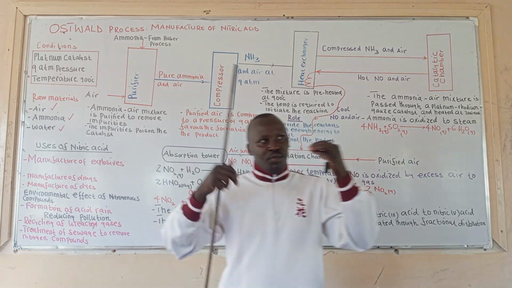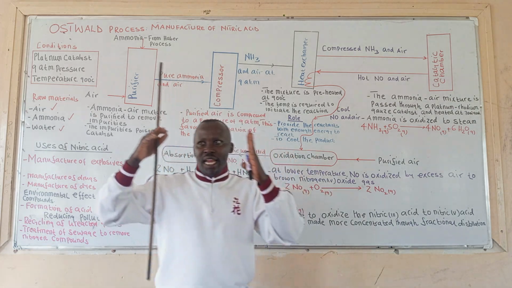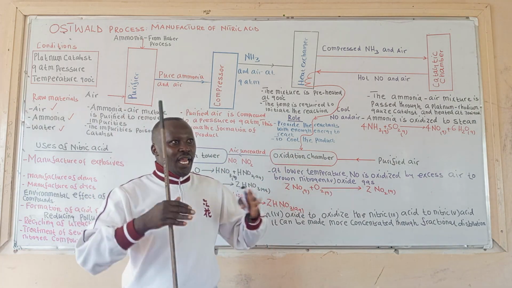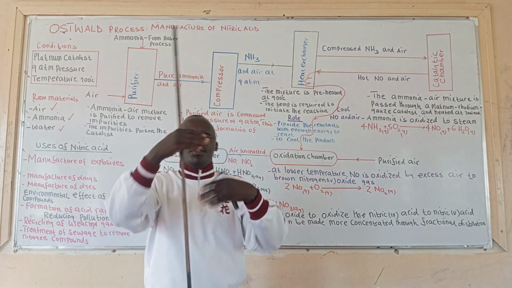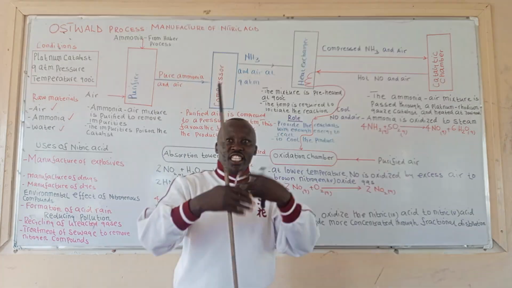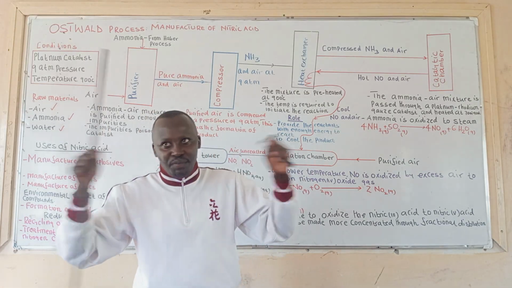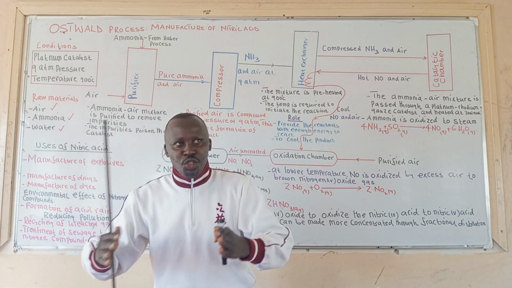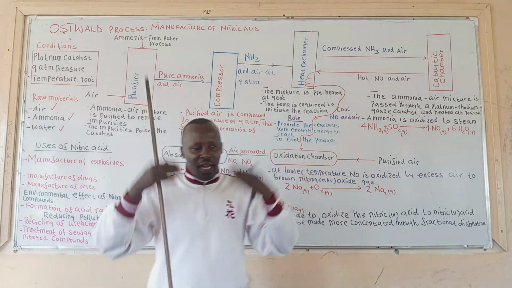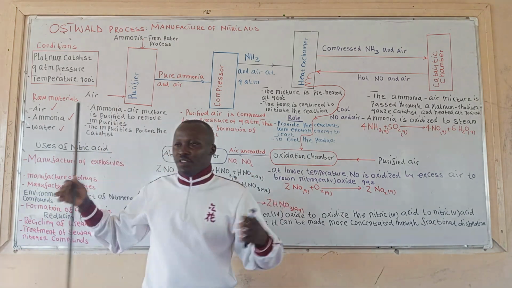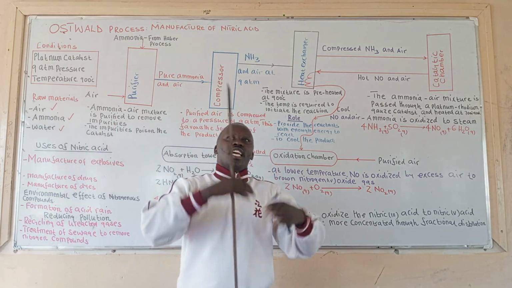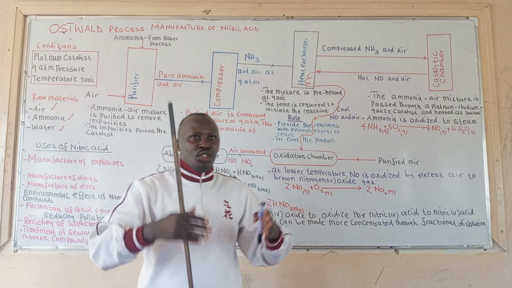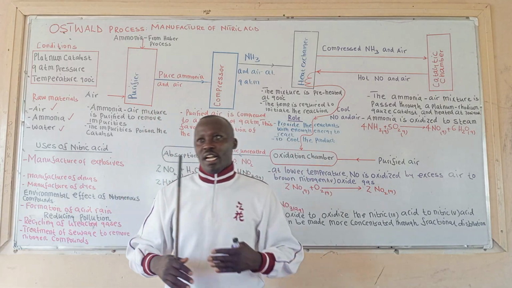So what is happening in the purification chamber? The ammonia-air mixture is just purified. Purification is done to remove the dust particles and impurities which might poison the catalyst. If the impurities are not removed at this purification stage, they will poison the catalyst.